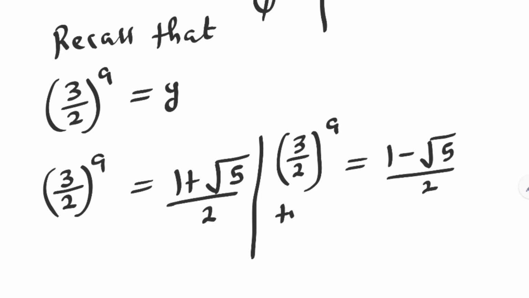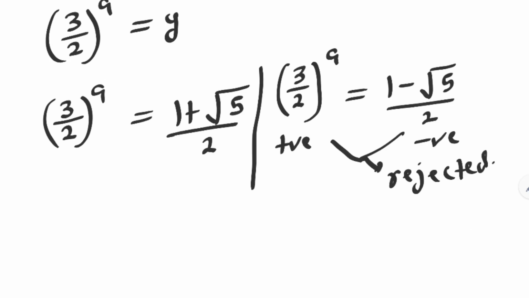Here, this is positive and this is negative. So, this is rejected. The only true solution we have is this.